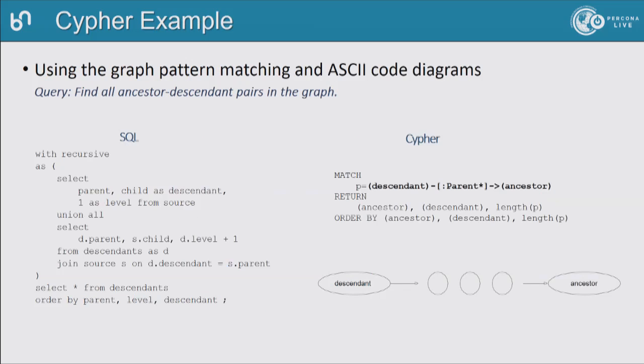Let's see how a Cypher query is concise using this example. This is an example of SQL and Cypher query to find all ancestor and descendant pairs in a graph. In SQL, we can use the recursive common table expression to express this kind of query.